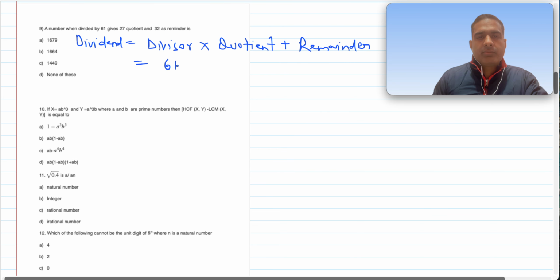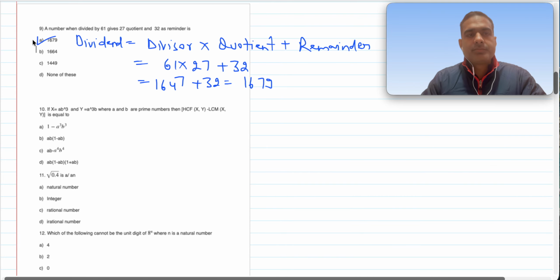Divisor is 61 into quotient is 27 plus 32 is the remainder. So 27 times 1 is 27, carry over to 162, 164 plus 32, that is 1679. So this is our answer.